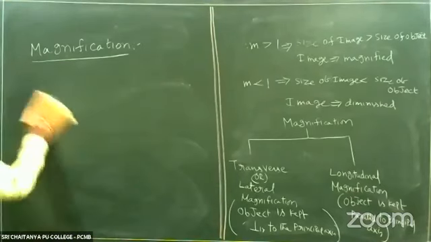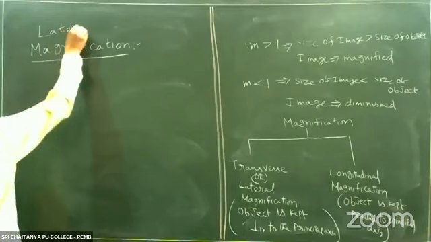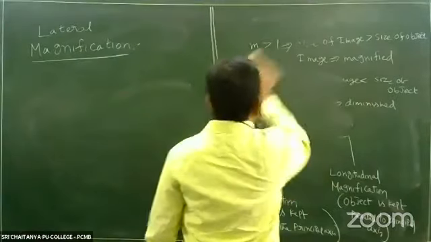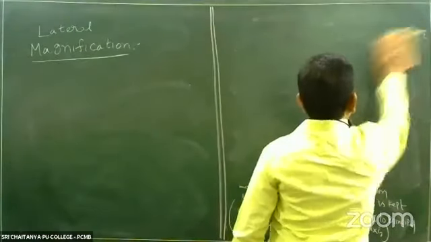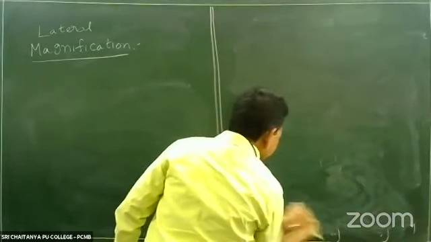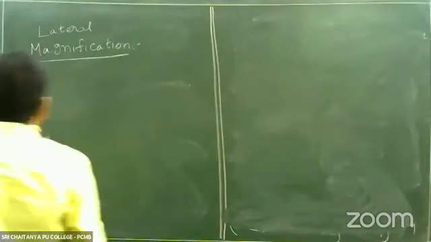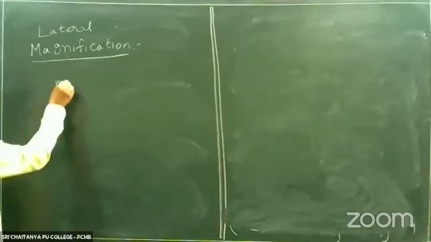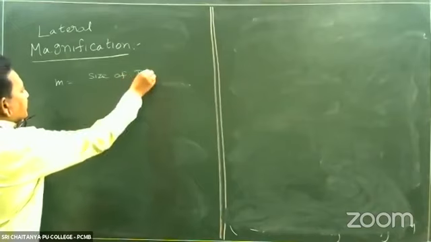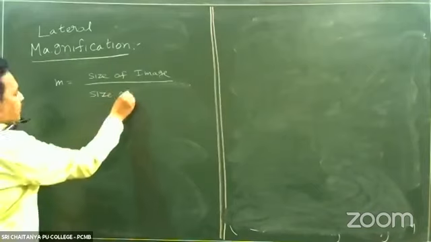For the lateral or transverse magnification, the expression for this magnification, as usual, m is equal to size of image by size of object.